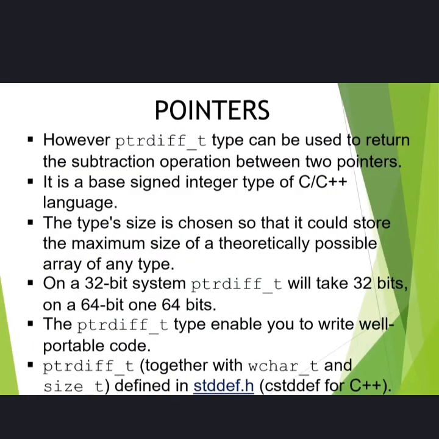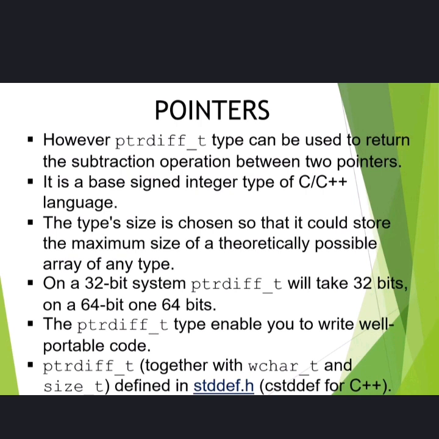The ptrdiff_t type can be used to return the result of the subtraction operation between two pointers. It is a base signed integer type of the C or C++ language. The type's size is chosen so that it could store the maximum size of a theoretically possible array of any type.